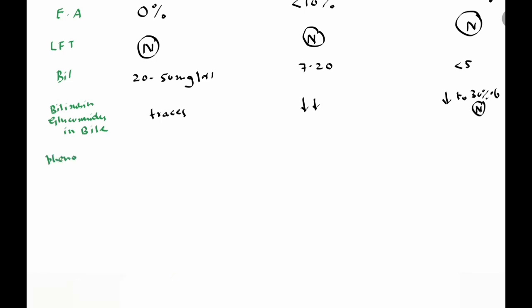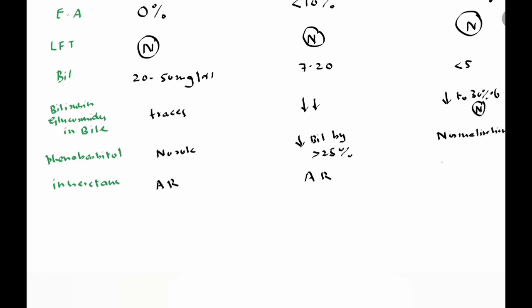Phenobarbital is an enzyme inducer. It has no role in type 1 because there is no enzyme activity, while it decreases bilirubin by greater than 25% in type 2, and it causes normalization of bilirubin in Gilbert syndrome. The inheritance is autosomal recessive in all the three types.